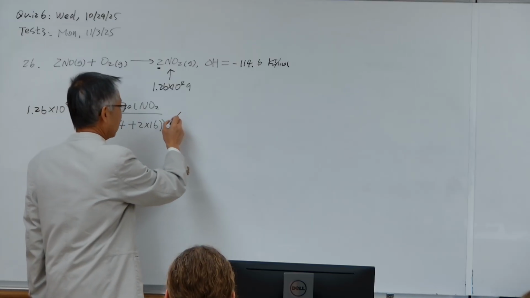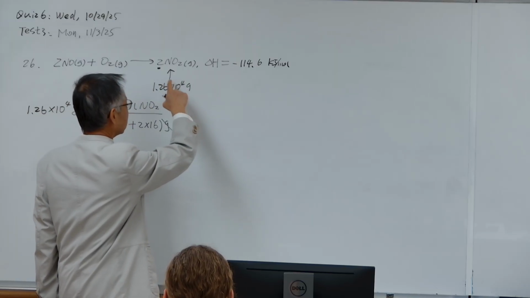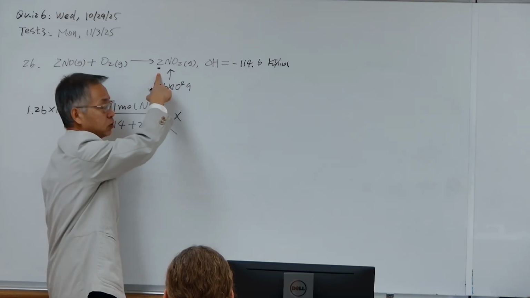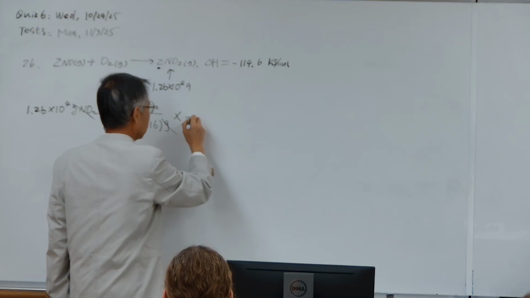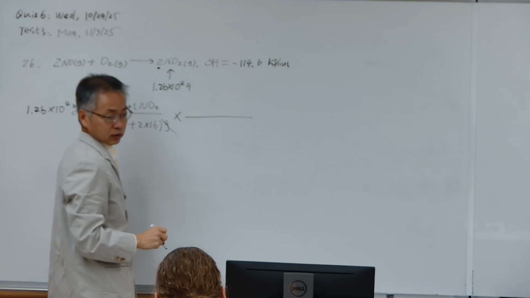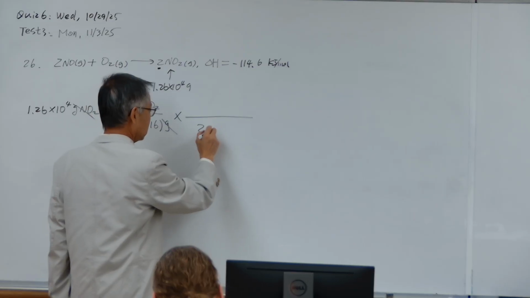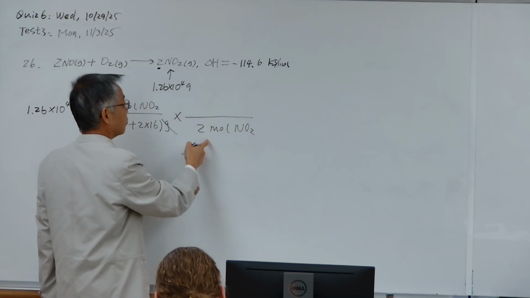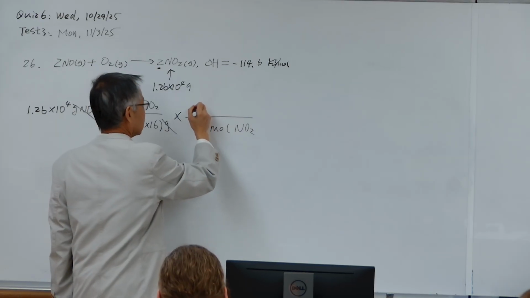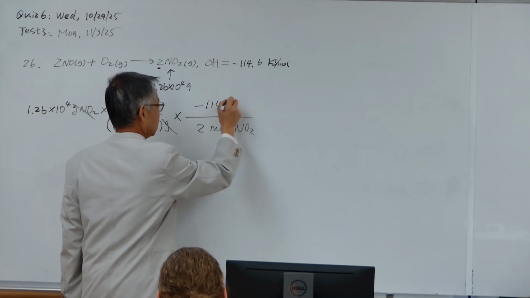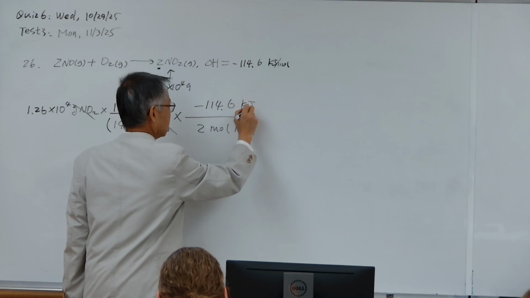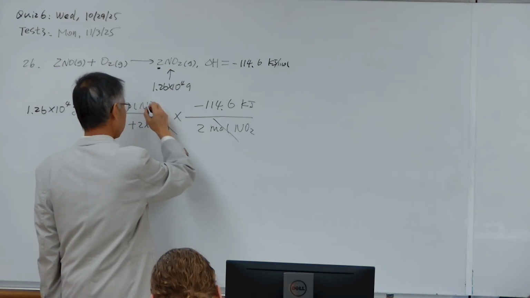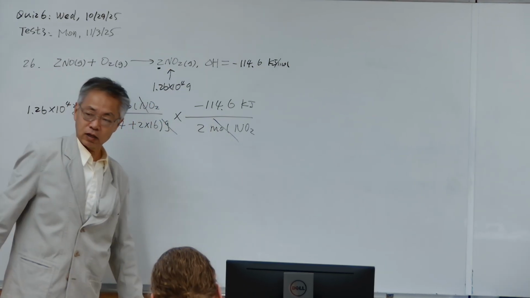Then, according to this thermochemical equation, every 2 mole NO2 produce this amount of energy, or release this amount of heat. So you need to write 2 in the denominator, because every 2 mole release this amount of energy. All right, so mole NO2 cancelled, left over total heat.